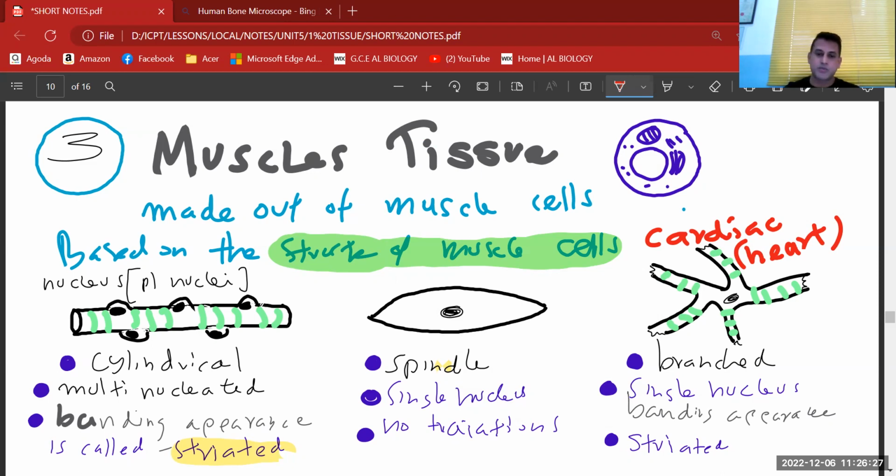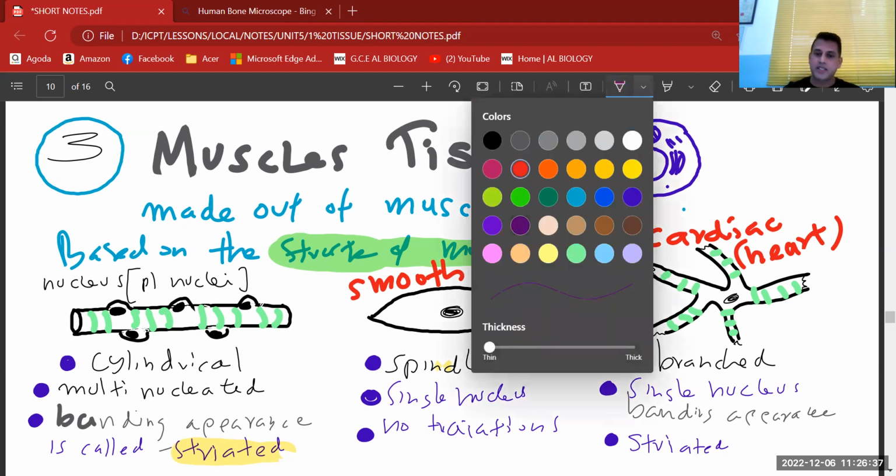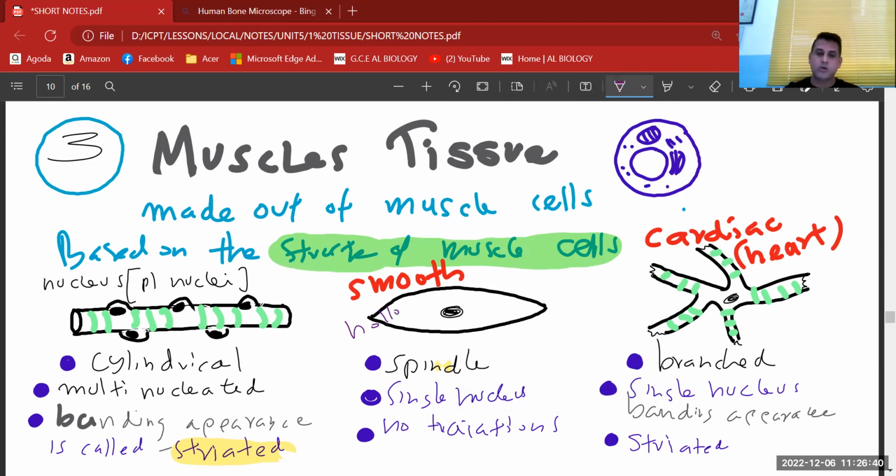This one is called smooth muscle. I will write where we find it. It's in hollow structures. Hollow is a kind of empty space like this. If you take a tube, this place is called hollow. Example, intestine.